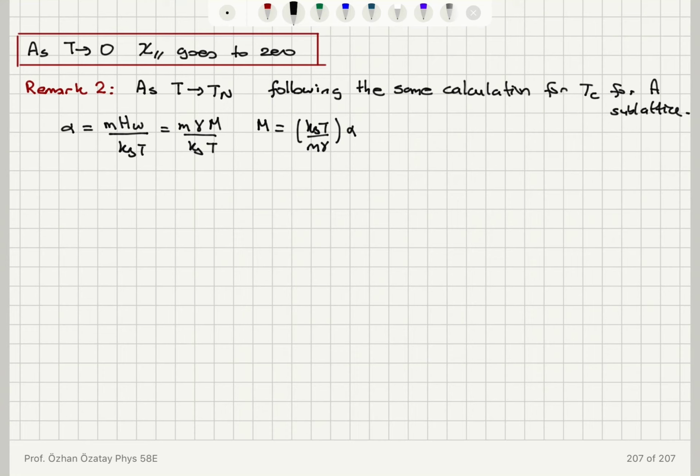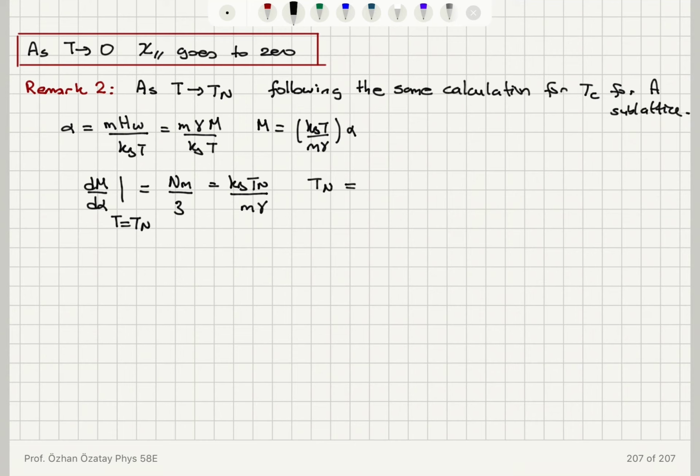So if I look at dM/dalpha at the Néel temperature, this must be equal to the initial slope of the Langevin curve, which is Nm times 1 over 3, so Nm over 3. So this will be equal to kB Tn divided by m gamma.